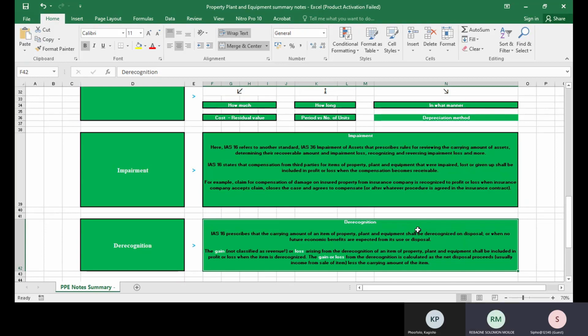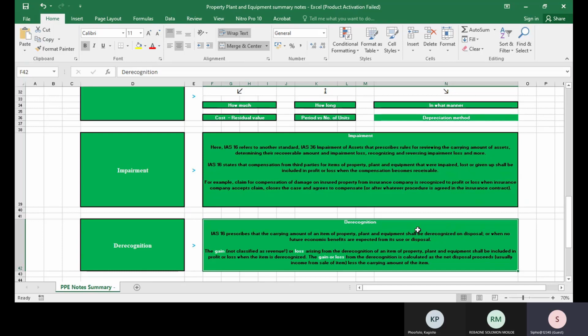So they are saying when you de-recognize an asset, the gain, not classified as revenue, or loss arising from the derecognition of an item of property, plant, and equipment shall be included in profit or loss when the item is derecognized. The gain or loss from the derecognition is calculated as the net disposal proceeds. Normally you will have proceeds, right?